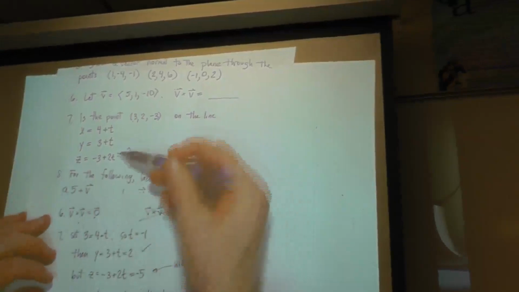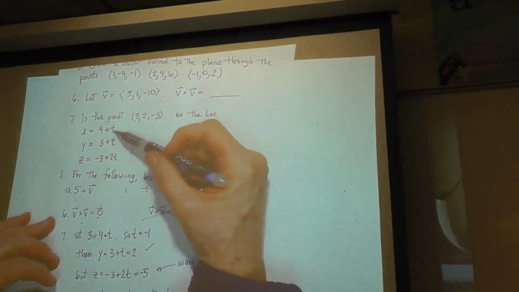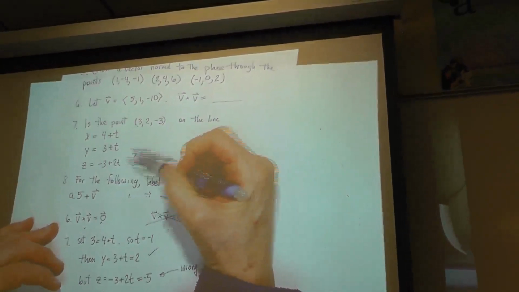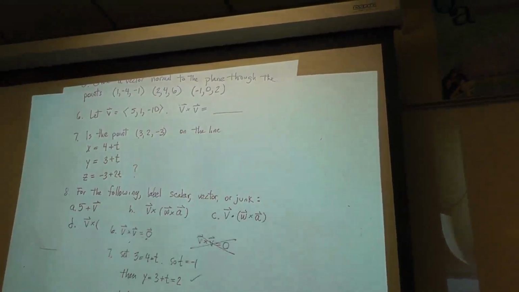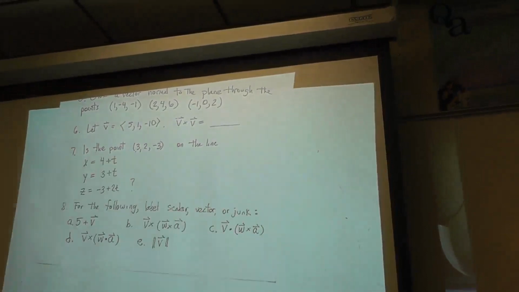A point is going to be on this line if at a particular time t I generate out that point. So let me be more specific.